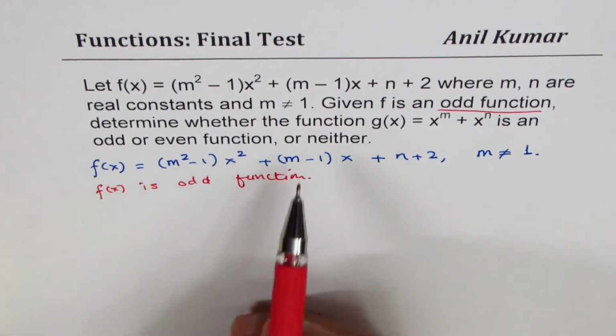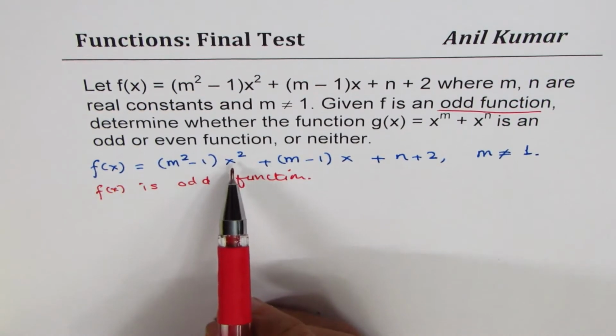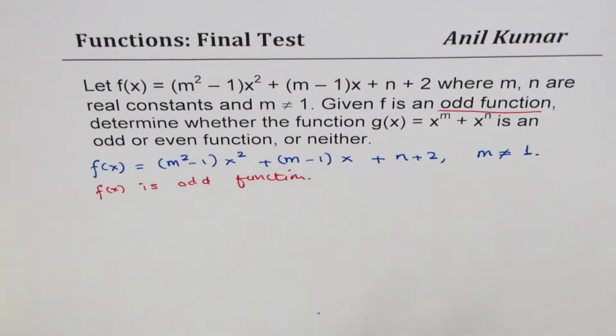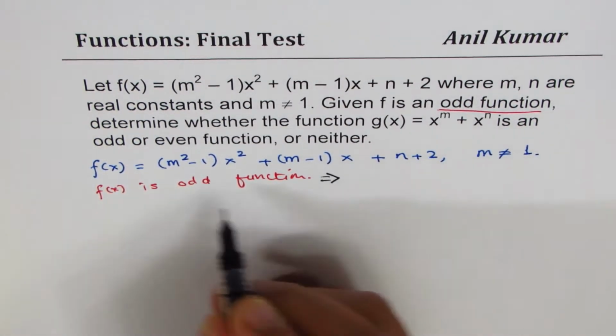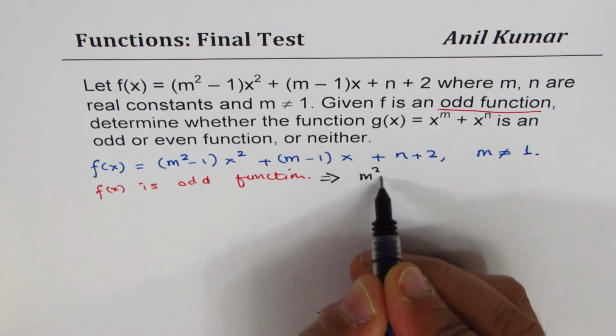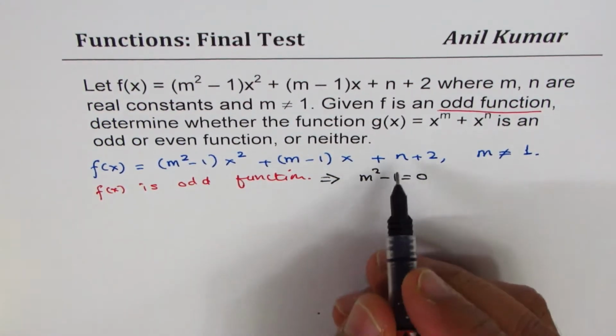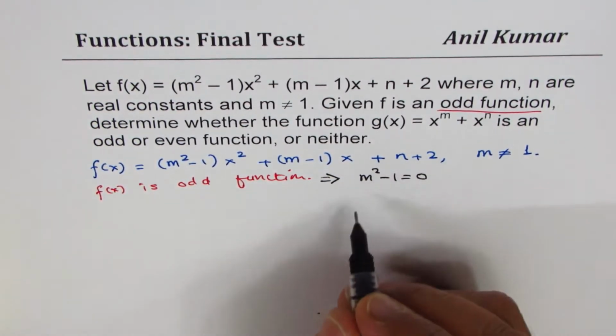It really means that the even component, this term, x squared times m squared minus 1, should be 0, right? That's what it means. So this implies that m squared minus 1 equals 0. Otherwise, it cannot be an odd function. And it also implies that n plus 2 is 0.